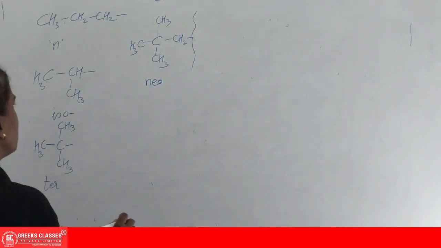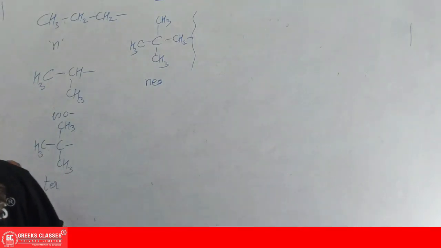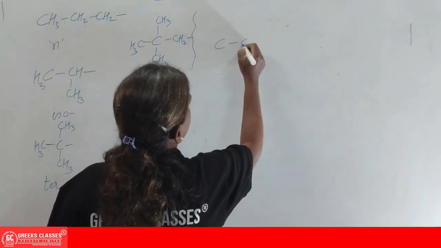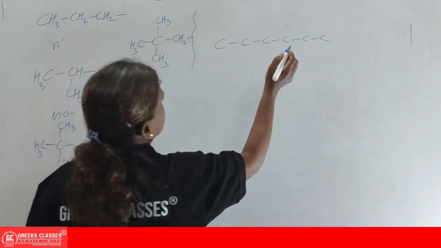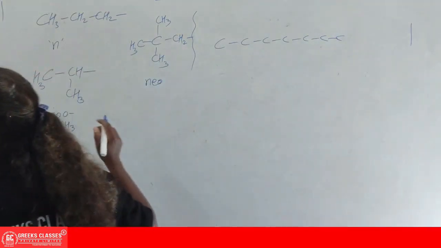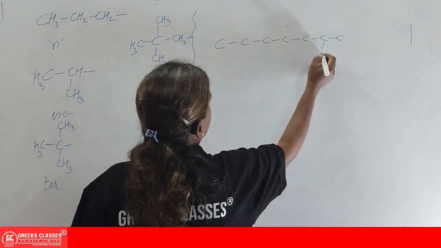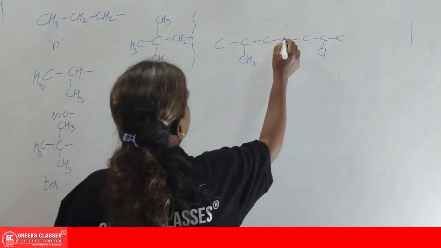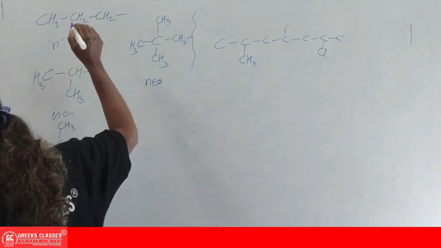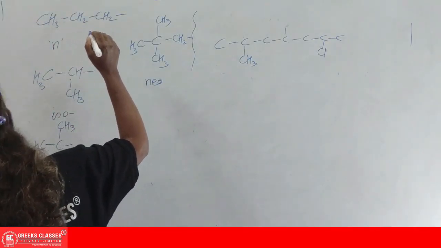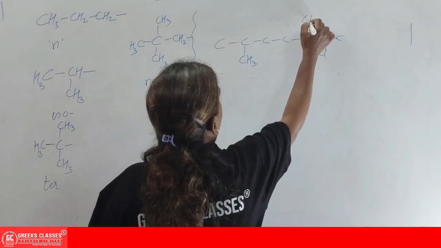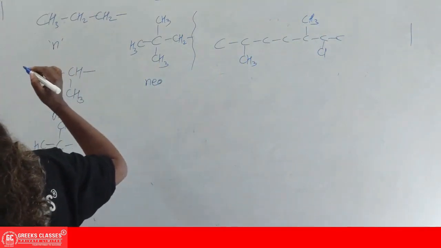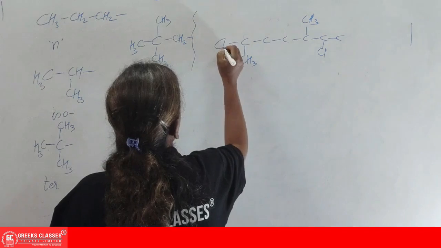Okay, so now coming to some examples of the nomenclature. Here CH3, here Cl, and here there is CH3.